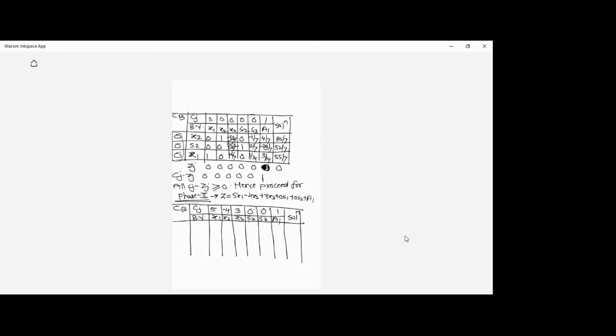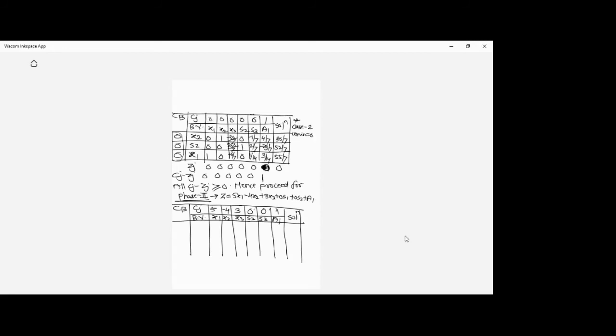Now in phase 2, we can directly eliminate the a1, because what we have seen here is particularly your case 2, where W minimum is equal to 0.